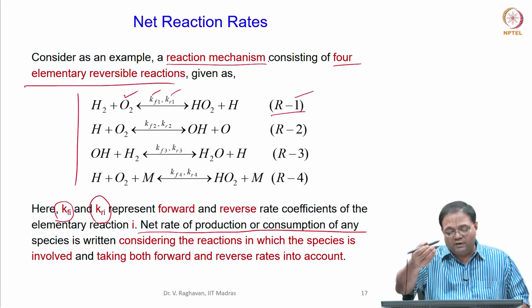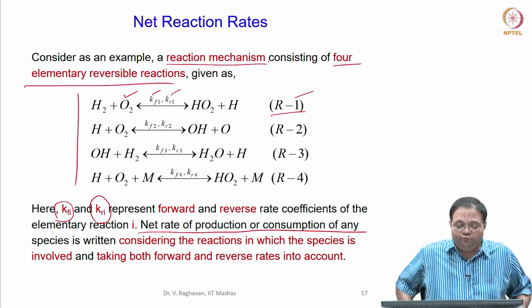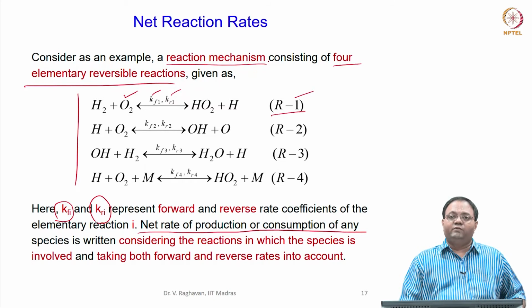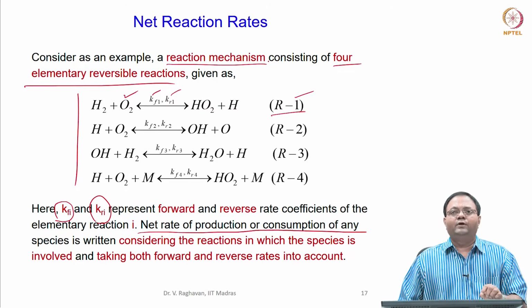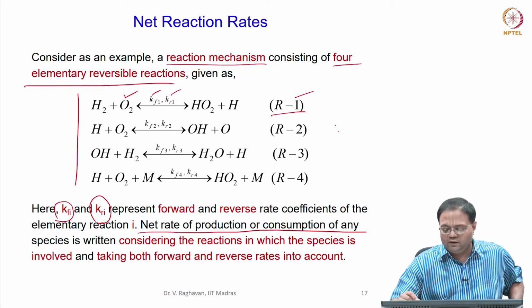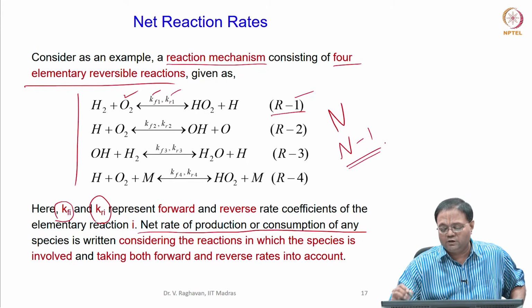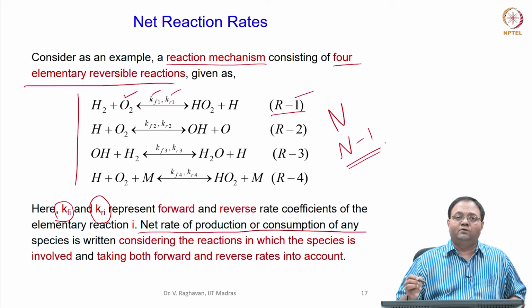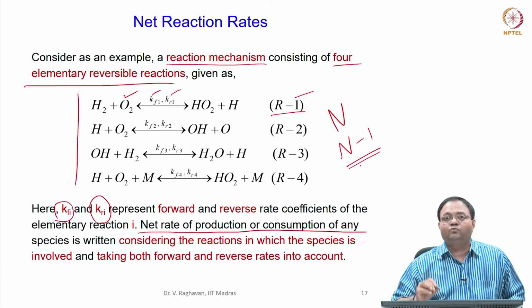Considering a set of equations, we have to find the number of species in the reaction mechanism. If there are n species, we have to find the net production or consumption rate for n minus 1 species.